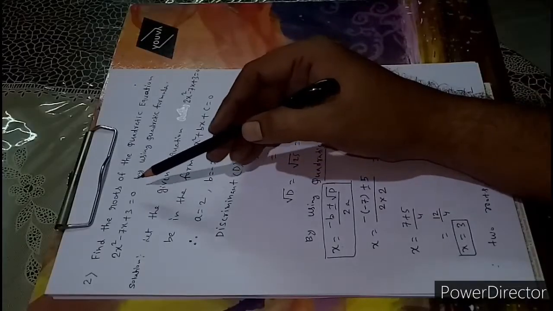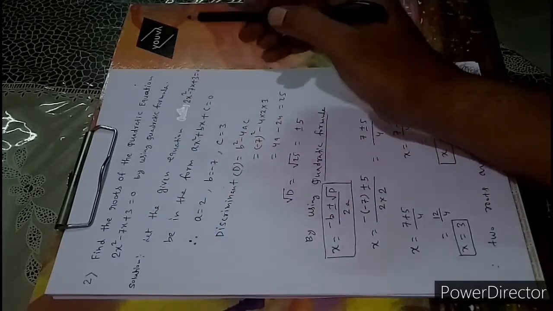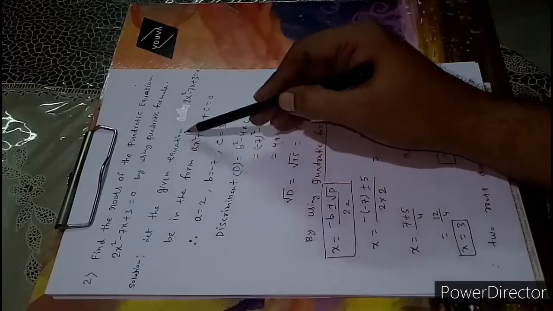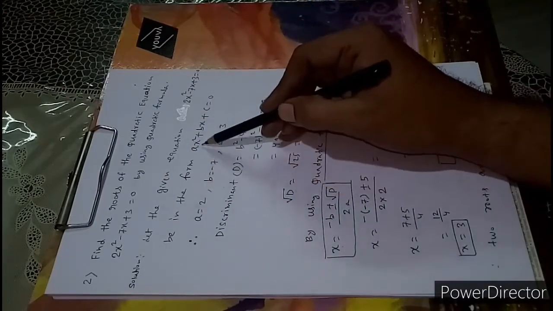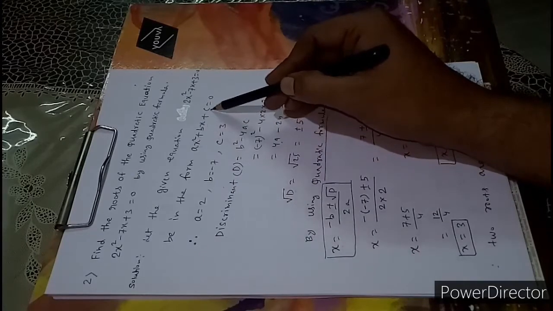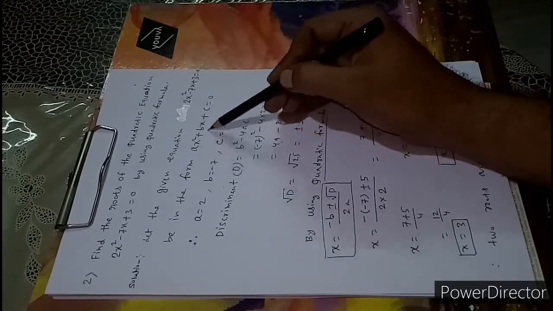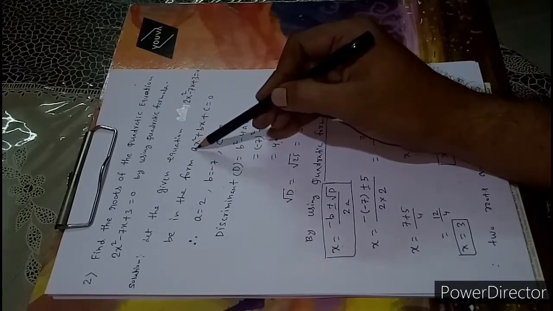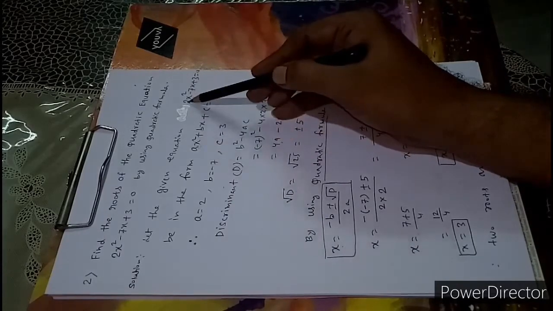Now we will learn how to find the roots of a quadratic equation by using the quadratic formula. First we will write the given equation 2x square minus 7x plus 3 equals 0 in the form ax square plus bx plus c equals 0. This is the standard form of a quadratic equation. Here, the coefficient of x squared is a, and here the coefficient of x squared is 2. It means a equals 2.